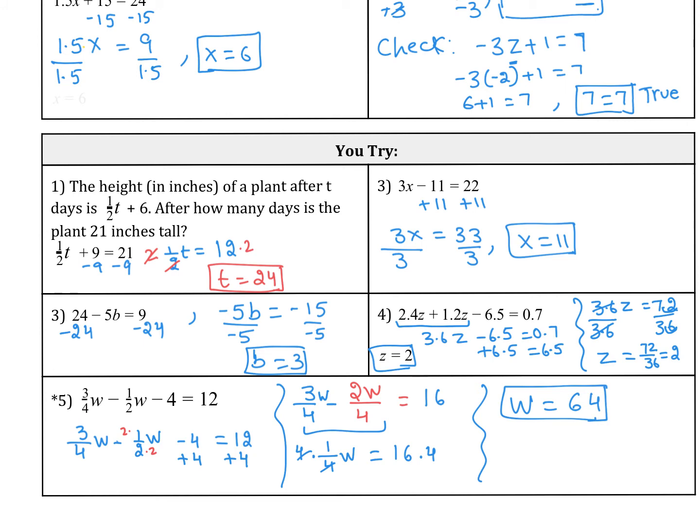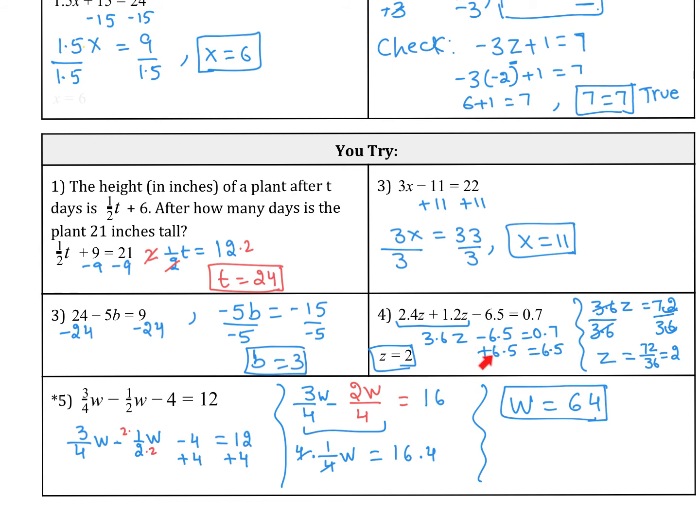Let's discuss number 4. You combine the like terms, 2.4z plus 1.2z, and when you add them together, you get 3.6z. Now you want to get rid of this number, because ultimately we want the variable on one side and the number on the other side. To do that, you add 6.5 on both sides.